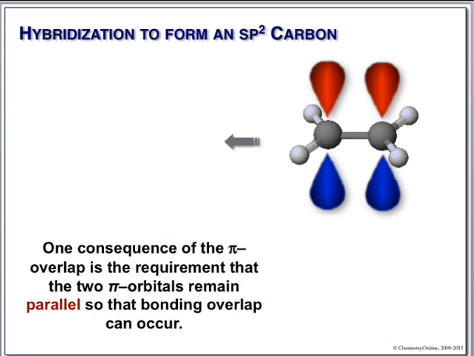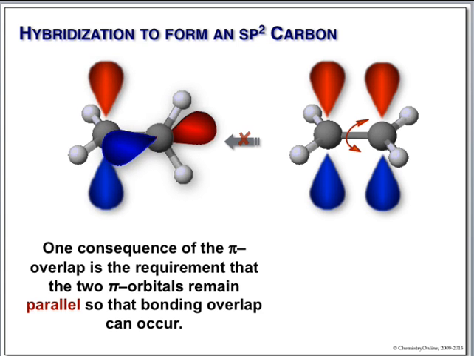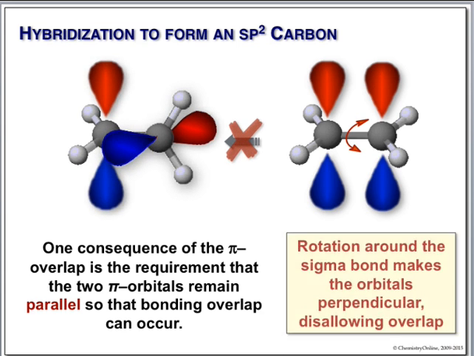But let's talk about the interesting consequence. In order to make our pi bond, we had to line these things up so that they were parallel to each other, right? But the sigma bond between them is a real single bond, and because of that, it has free rotation. What if we took and we rotated around that so we were in this configuration?